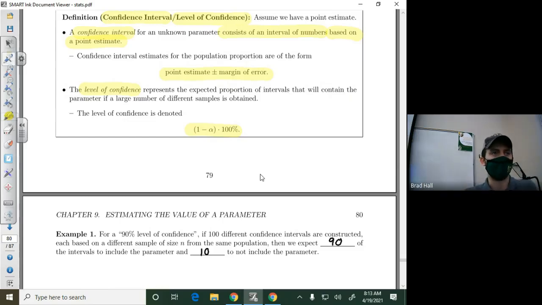Now, the thought process is if we interview 100 classes and construct an interval based off of each class, not only find a point estimate, but an interval, then a 90% level of confidence means that we expect 90 of 100 classes to have this true university average height included in their interval. So that's one way we can interpret this. Really, the computation comes down to just 90 and 10. It's not really computational, it's more just conceptual.